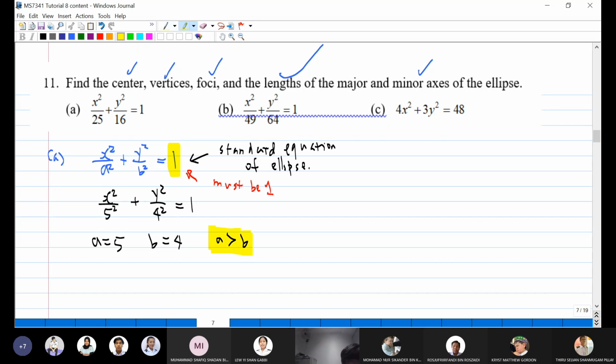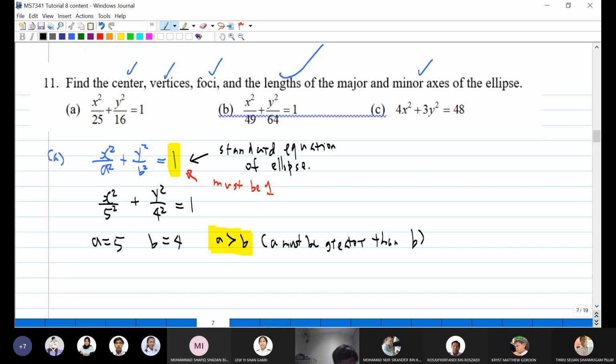Remember? So the larger one is a, right? a is 5.